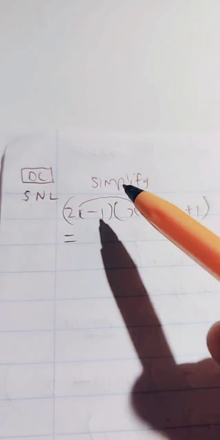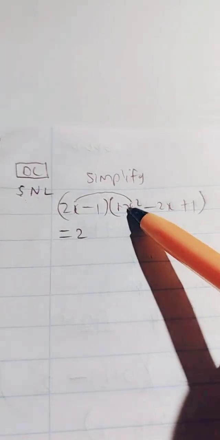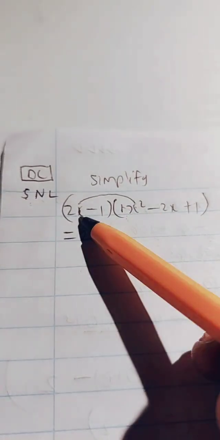Positive times a positive is a positive. Then we multiply the number, 2 times 1 is 2. Then x times x, the letter. Remember, when you're multiplying letters with the same base, we keep the letter and add the exponents.